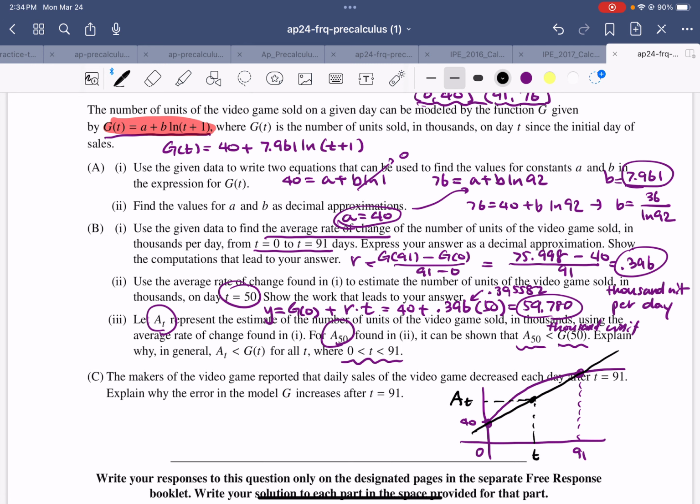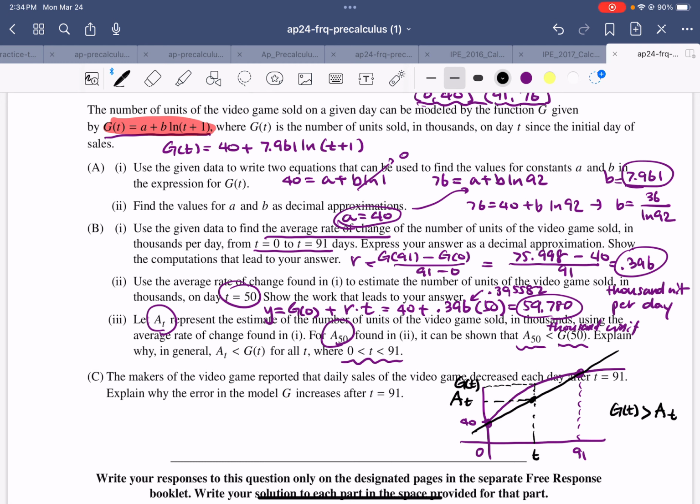If you go up, that point right there is actually g of t. So it shows your g of t is higher than your approximation, using the secant line. The average rate of change of those two points is a secant line.